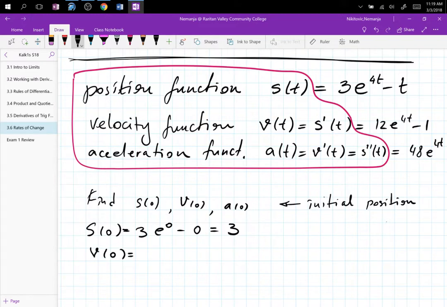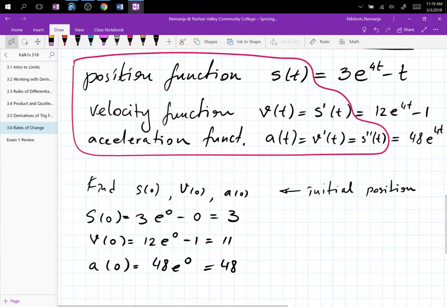V of 0 is going to be 12e to the 0 minus 1, which is 11. And a of 0, which is acceleration, will be 48e to the 0, which is 48. Now, let's say this is in feet, this is in feet per second, and this is in feet per second squared.